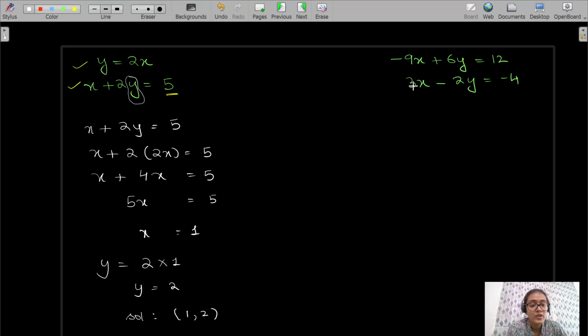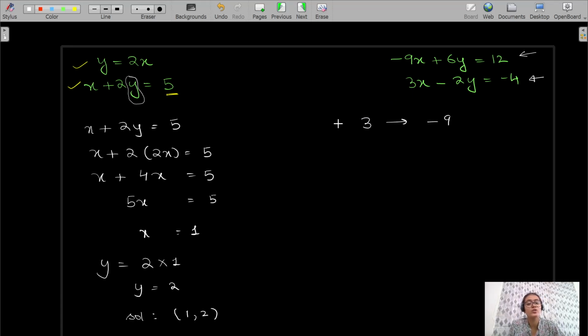What we will try to do is make the coefficients of the x variable the same in both the equations. In the first equation the coefficient of x is negative 9. So I will try to make the coefficient of x negative 9 in the second equation as well. How can I make 3 into negative 9?